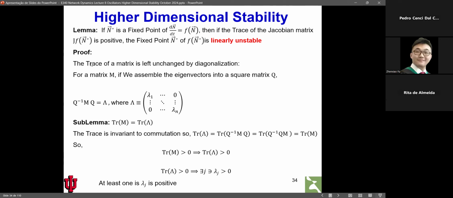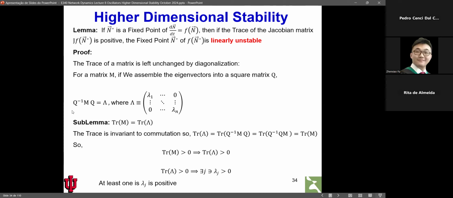You see that the trace of the matrix is left unchanged by diagonalization. So if I have a matrix M, any one, if I diagonalize it, if I rotate the matrix, the trace does not change.